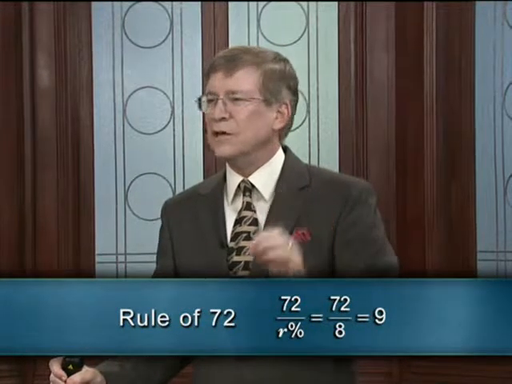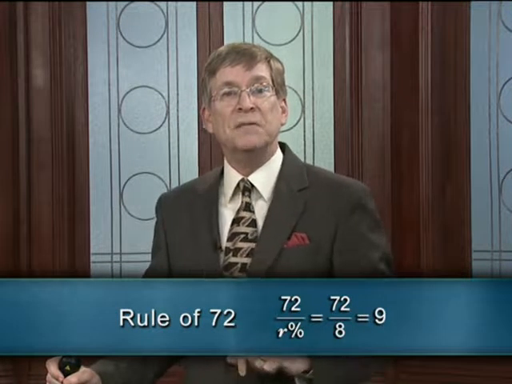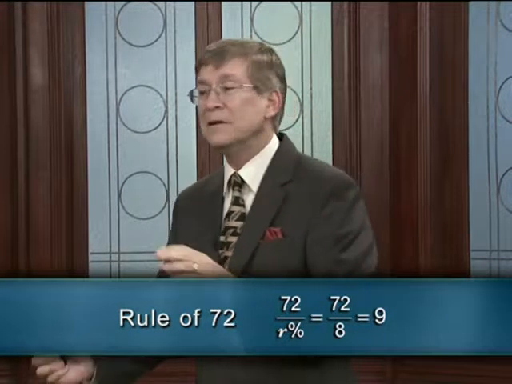Well, in that problem, the interest rate was 8. 72 over 8, 9. Bingo, we got the answer a lot quicker. So the rule of 72 is a nice approximation technique for compound interest compounded annually. Great going. It was a nice application.